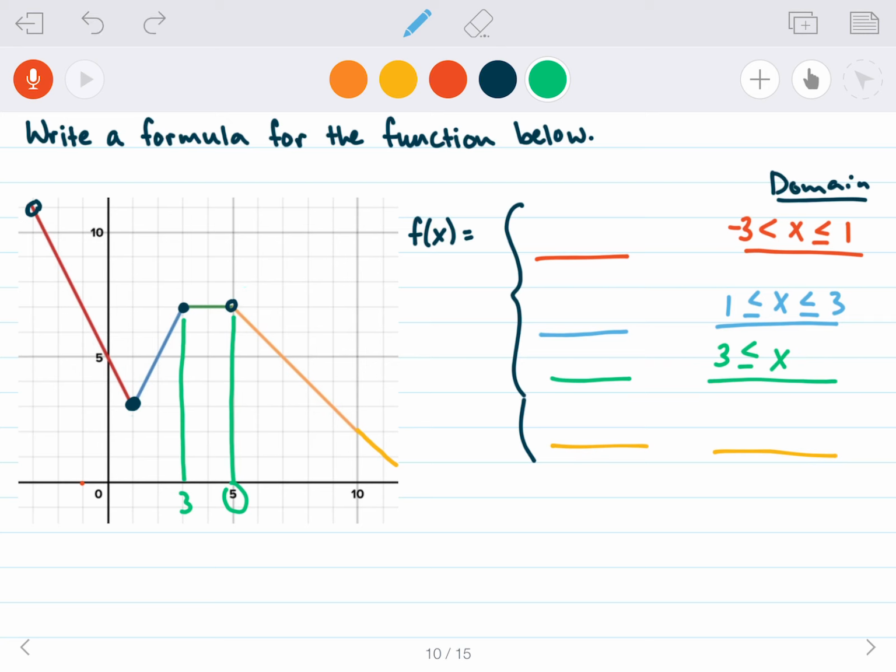And finally, let's do the yellow thing. Because there's no dot, I'm assuming that this goes on forever. Okay, so the lowest x value I have here is 5. And actually, let me rewrite this real quick.